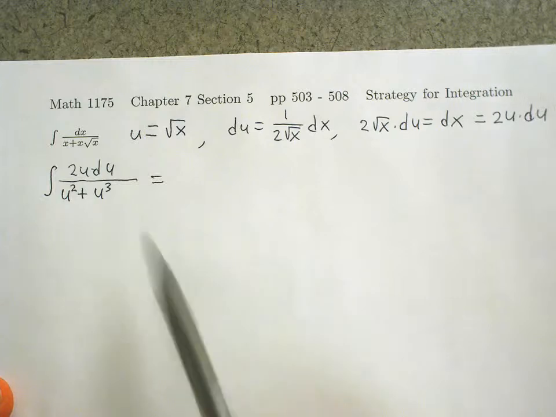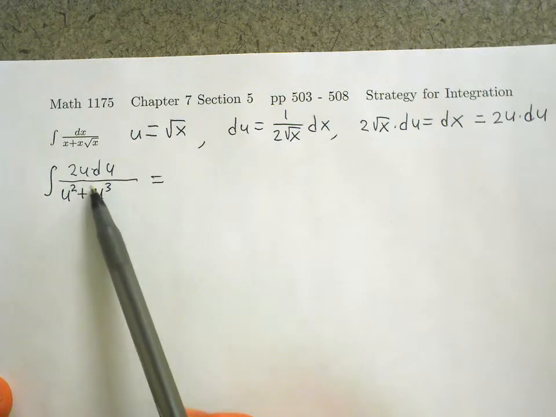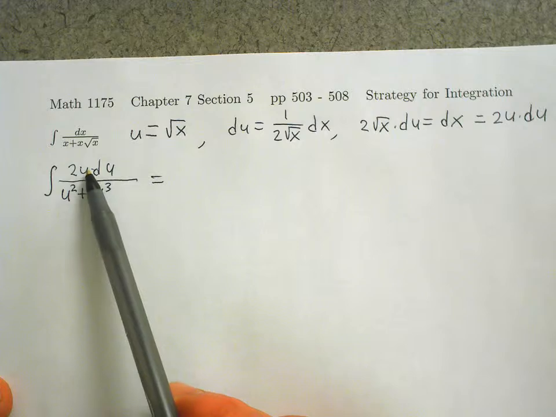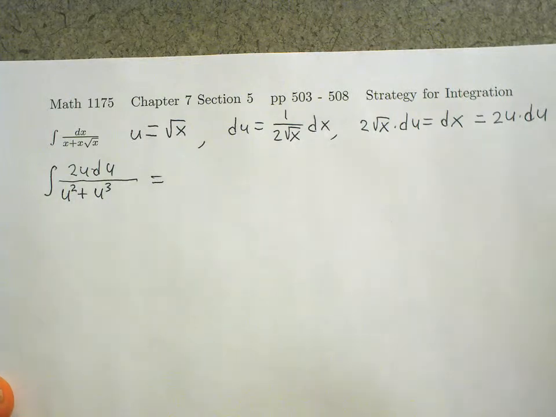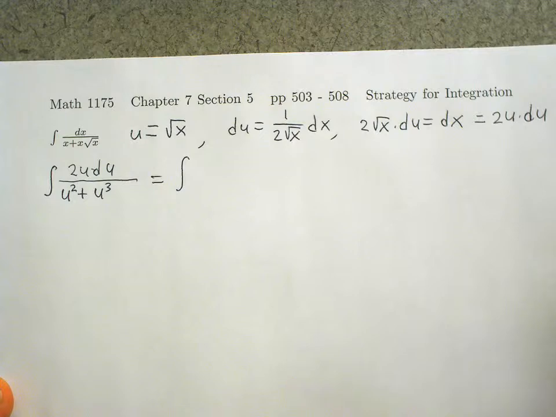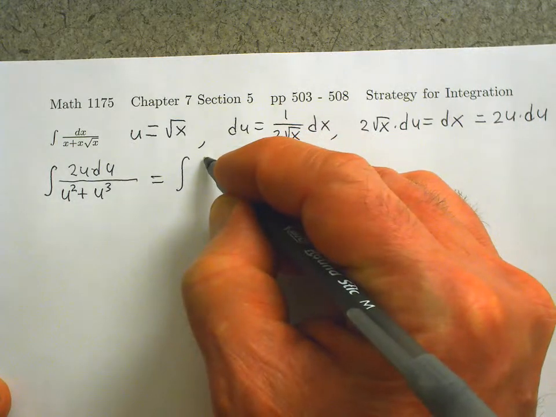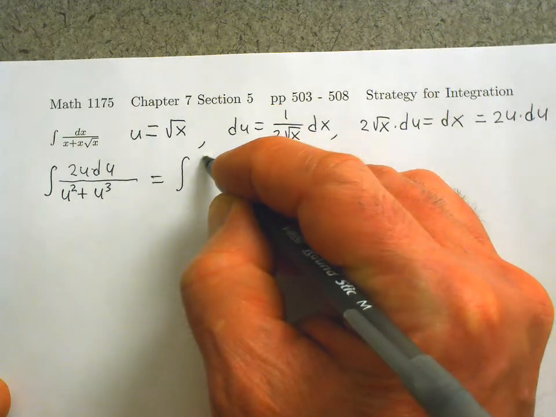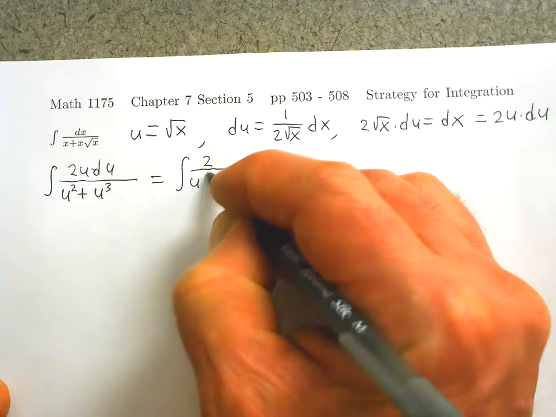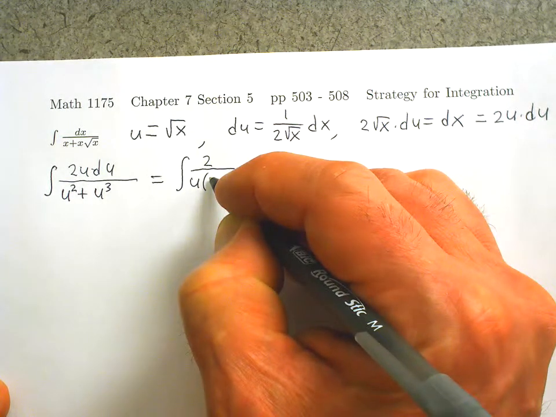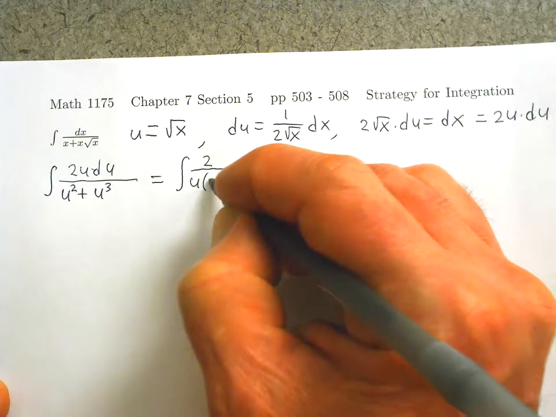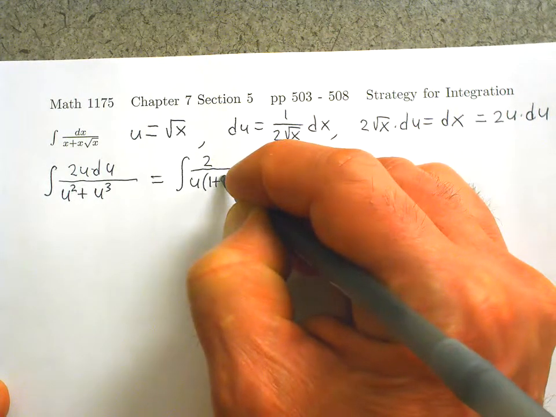And notice that in the integrand, the numerator and denominator have a factor of u in common. So u divided by u cancels, and we can simplify the integrand and write it as the indefinite integral of 2 divided by u times 1 plus u.